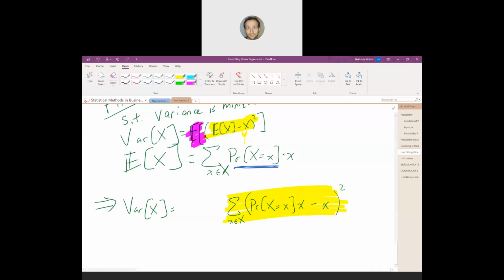Then this outer expectation, for this outer expectation, let's get rid of this squared. That's the same as saying e to the y squared, which is the sum of y equal to some y times the probability that y squared equals y times that value of y.